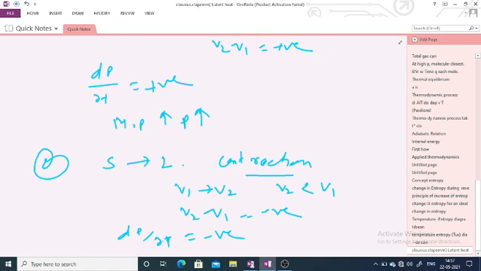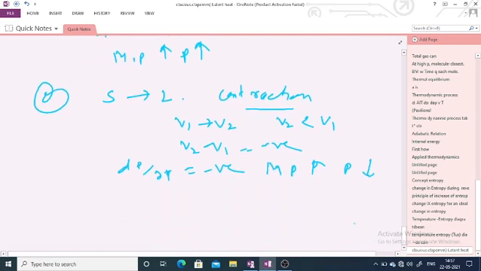It should be remembered that the melting point decreases with an increase in pressure, and the melting point increases with a decreasing pressure. That is exactly opposite. So this is about your application of the first law.